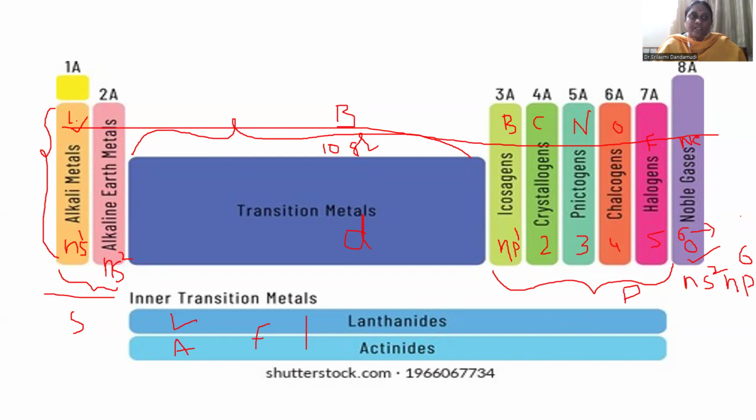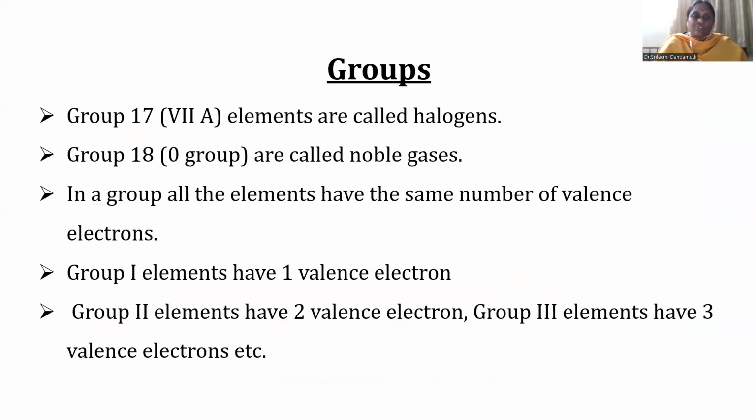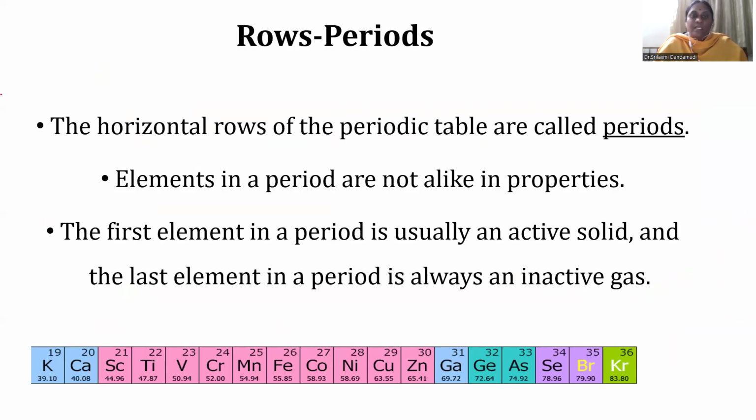In this period, this is lithium, beryllium. So here the electronic configuration is ns1, ns2, and here the electronic configuration is np1 to np6. So due to variation in the electronic configuration, the elements present in the periods do not have similar properties.